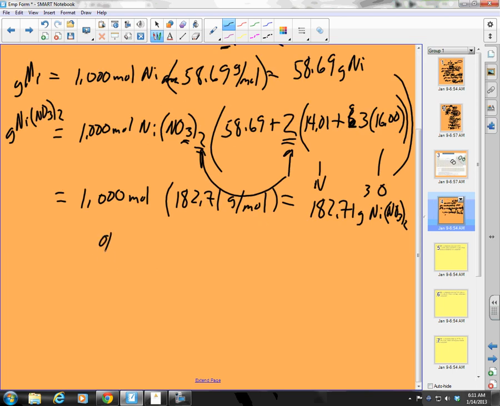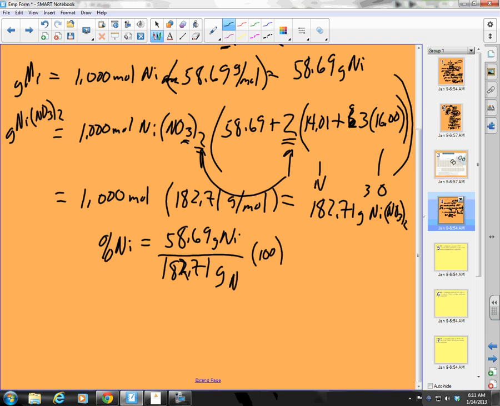Well, percentage nickel is equal to 58.69 grams of nickel over what? My total, 182.71 grams of nickel 2 nitrate, times 100. And what do I get?